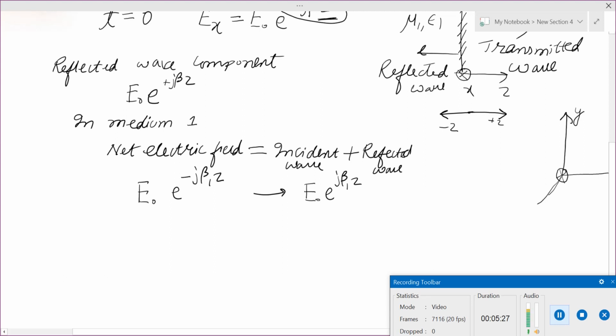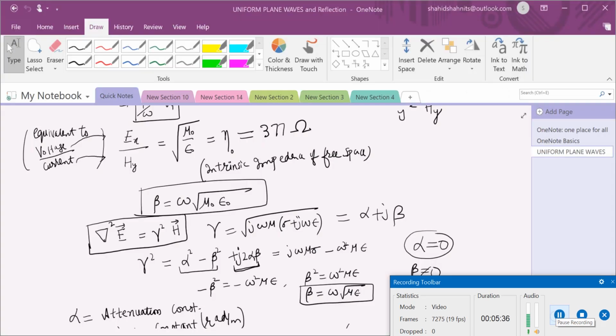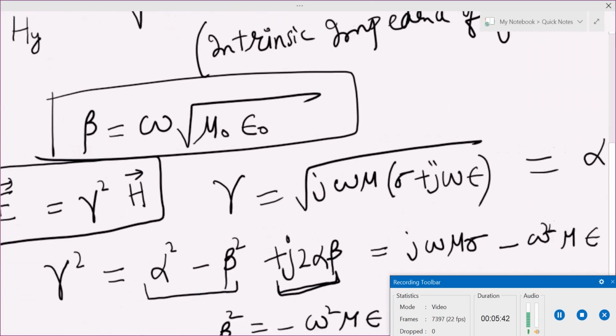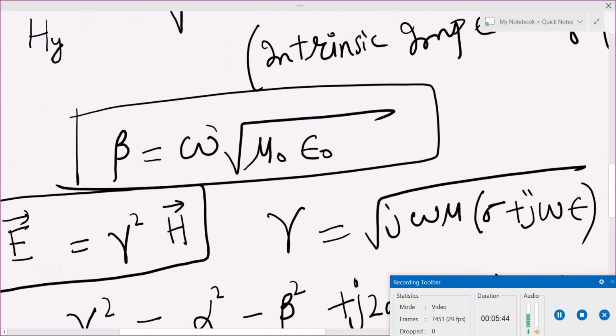For medium 2 we'll have a different beta. Recall what beta depends on. Here is a previous lecture slide, so see what beta depends on. Beta depends upon omega, which is fixed here, and it depends upon mu naught and epsilon naught.